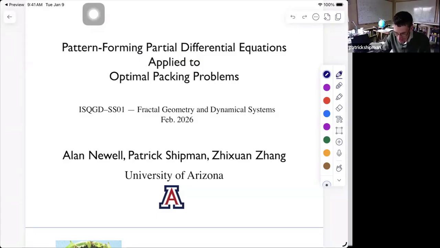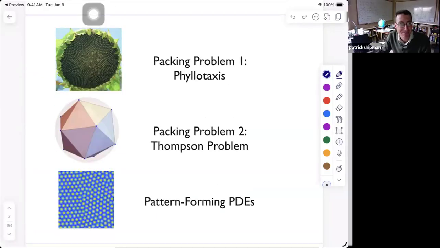What I'll do is introduce first two packing problems. One is a classic problem, that of phyllotaxis, the arrangement of leaves on plants. Another classic problem is the Thomson problem, repelling particles on a sphere, which is the typical way of phrasing it. Our approach is to find solutions to these problems through pattern-forming partial differential equations.